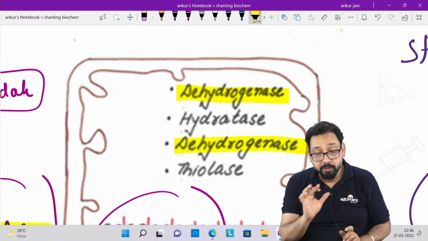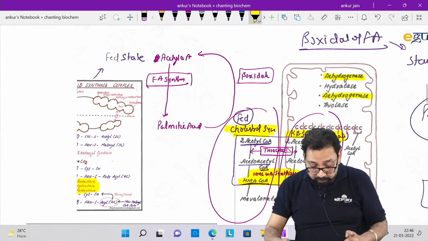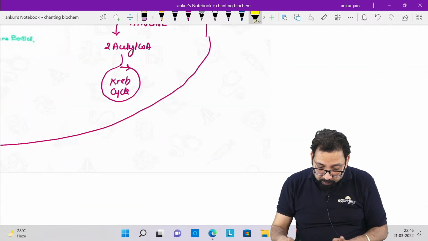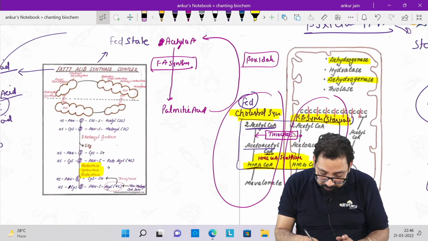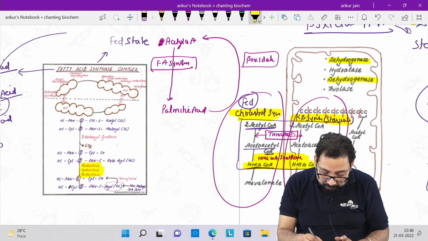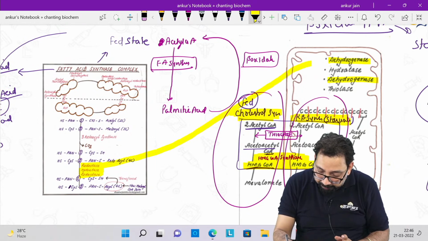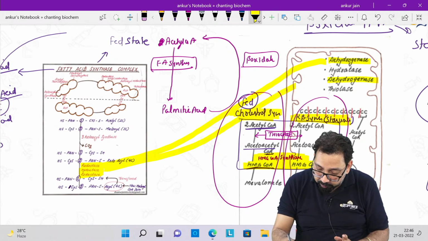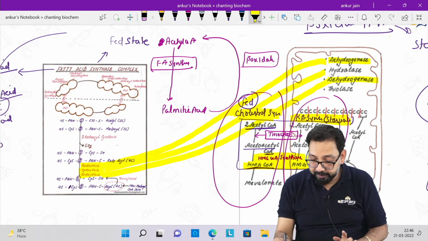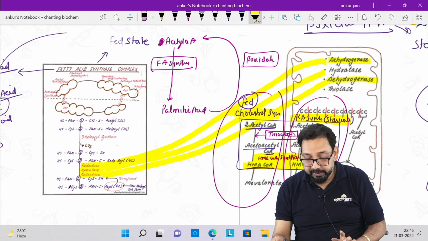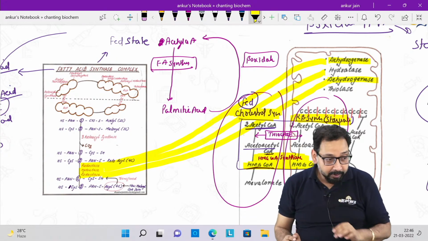So beta oxidation and fatty acid synthesis are exactly opposite, so their enzymes are exactly opposite. So you will remember reductase, hydratase, reductase; dehydrogenase, hydratase, dehydrogenase. Clear?